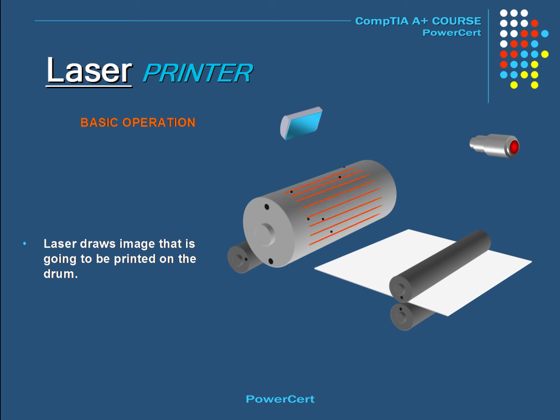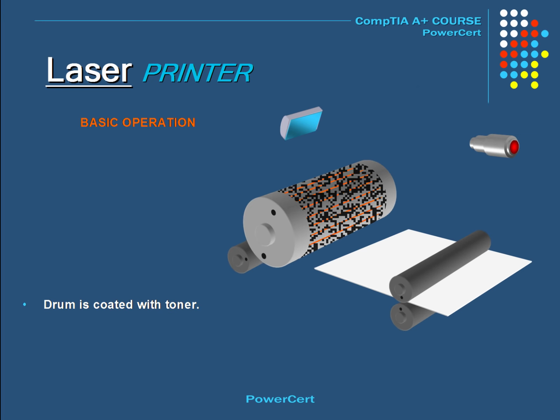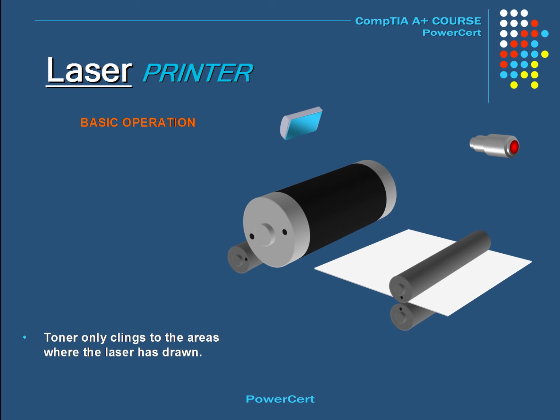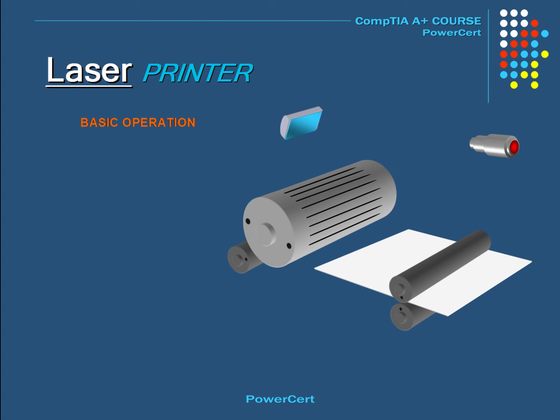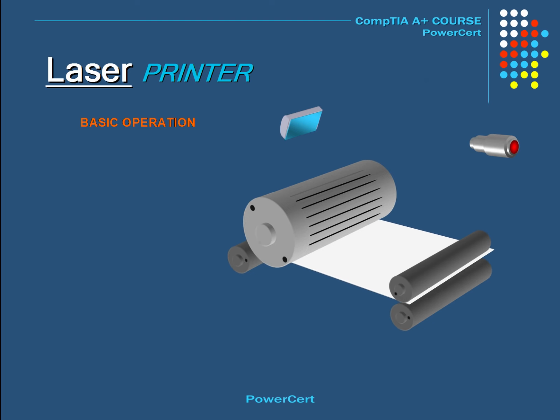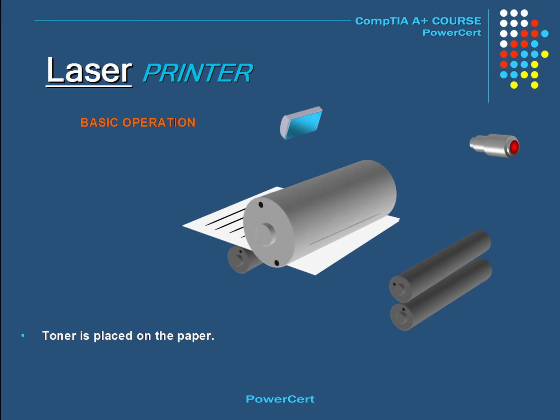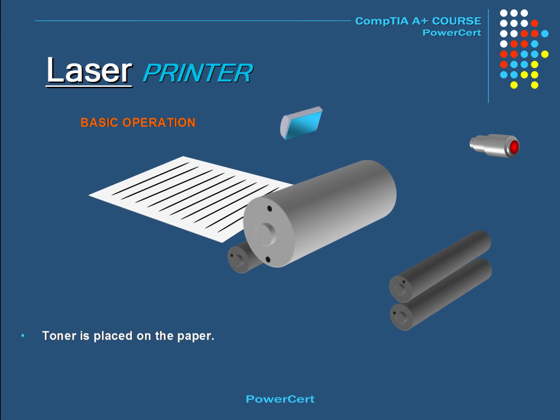Then the drum is coated with a fine black powder known as toner. And as the drum is being coated, the toner only clings to the areas where the laser has drawn. Then as the paper goes through the printer, the toner is placed on the paper. And the result is a high-quality print that is second to none.